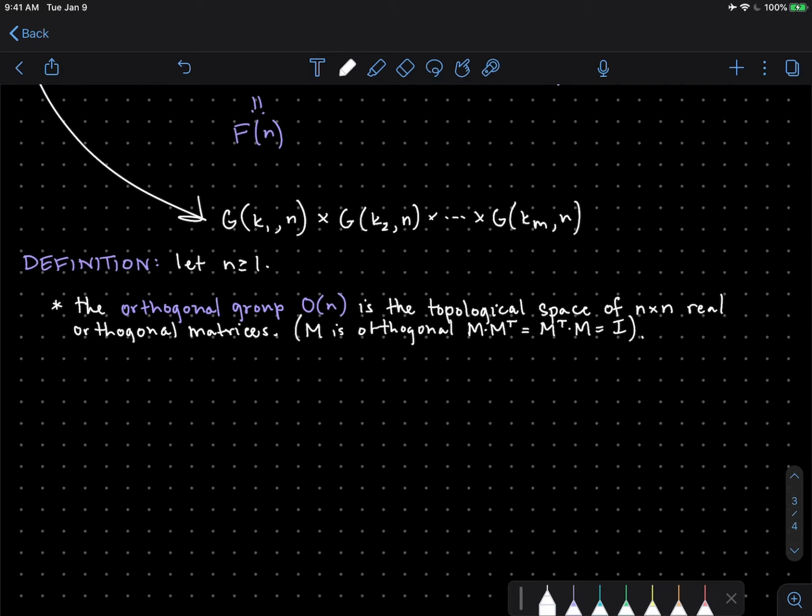Now, furthermore, the special orthogonal group SO(n) is the subgroup of O(n) on those matrices with determinant 1.